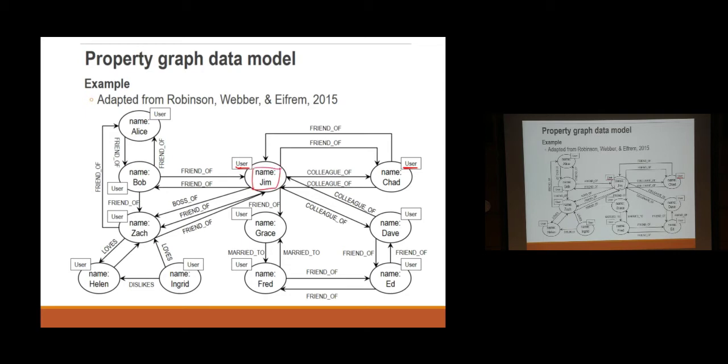For this particular node, the name is Jim. It has a label of user. Okay, Jim is a friend of Bob. And Bob is also a user. Okay, so this becomes a graph, right? It's a directed graph because the direction matters, and the label also matters.